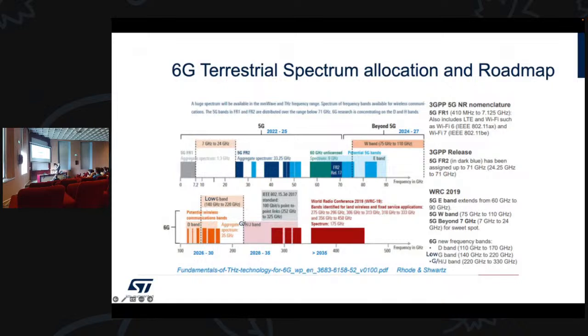So you have the list of the different revisions here, 3GPP release, the WRC 2019, and the next one, which is the 6G new frequency generation.